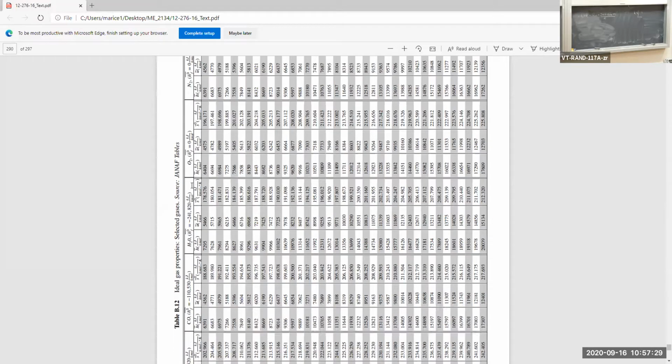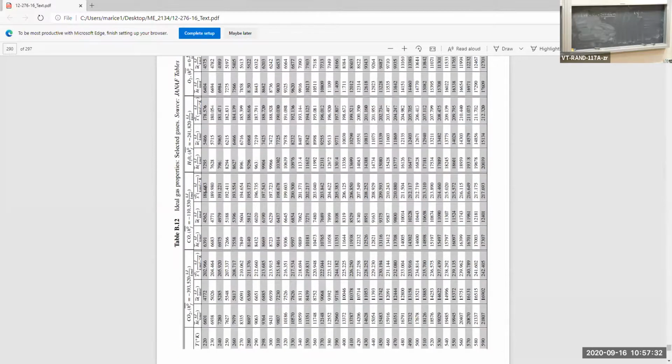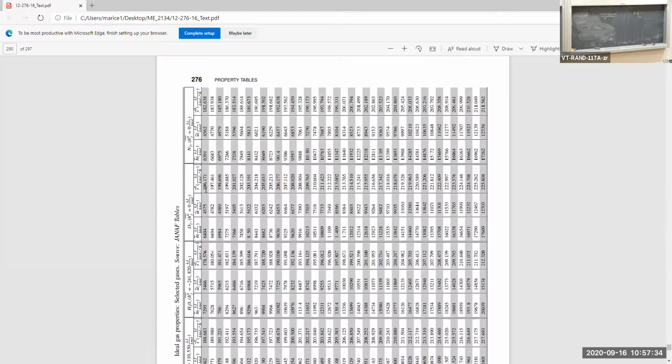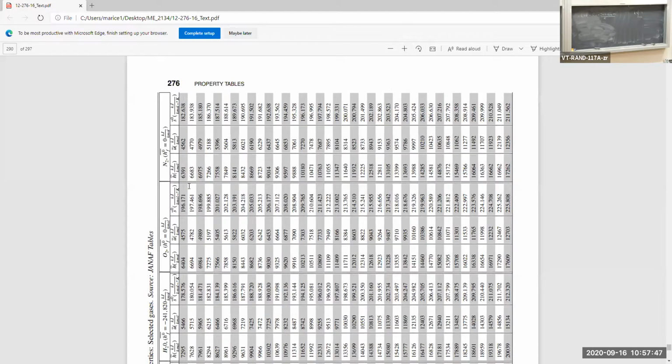Now, these tables here, table B12, the only thing that's unusual about this table is it has bars over all the variables. What does the bar mean? The bar means per kilomole, not per kilogram. So if you look at the unit here, instead of saying kilojoule per kilogram, it says kilojoule per kilomole. So we'll have to use the molecular weight of nitrogen to convert from H bar into H.